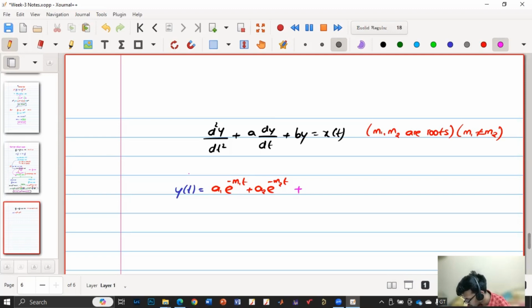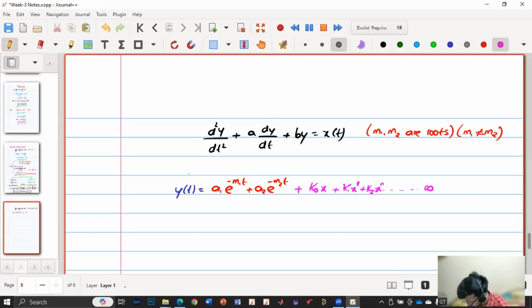Now the forced response will be some k naught or c naught, whatever you choose: k naught into x plus k1 into x dash plus k2 into x double dash plus up to so on infinite.